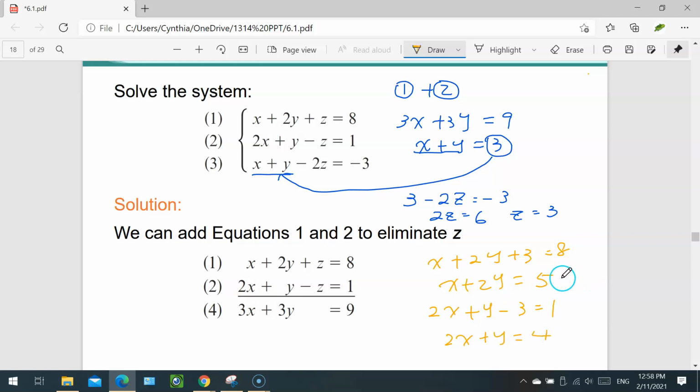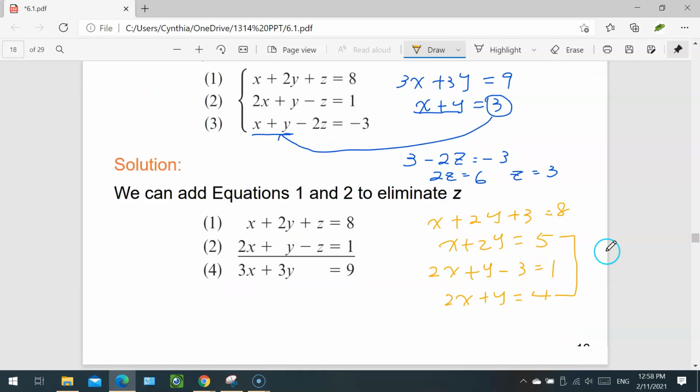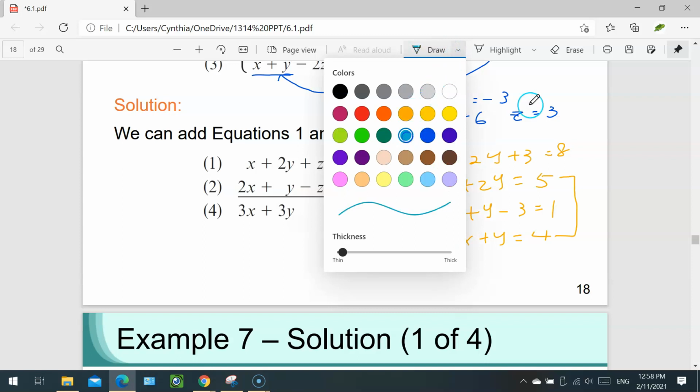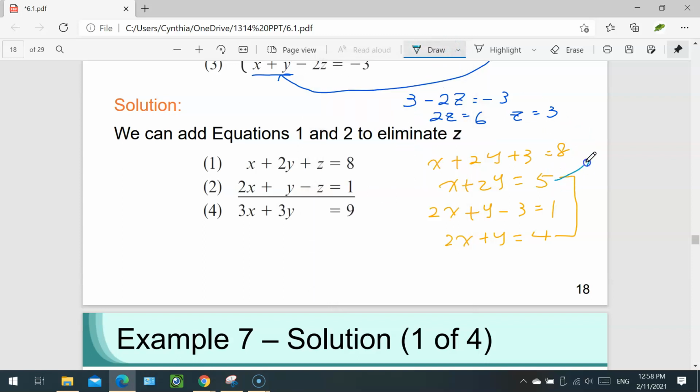Now we can substitute, or we can eliminate these 2 equations. I'm going to multiply the first equation by 2. Once I multiply by 2, the first equation turns into 2x plus 4y equal 10.